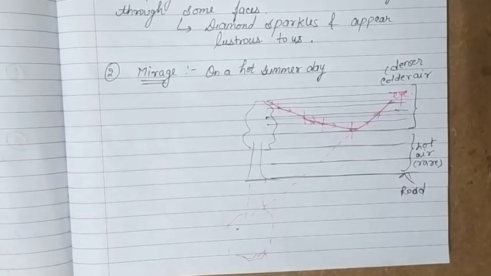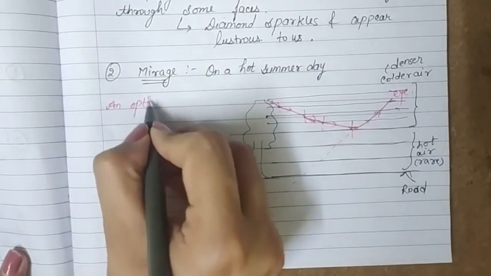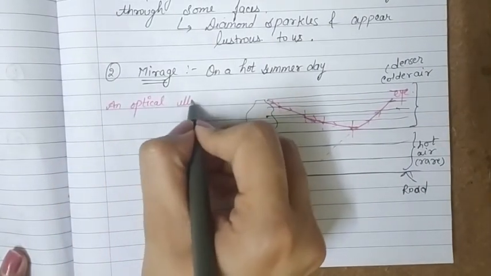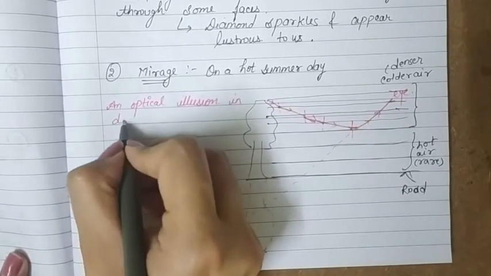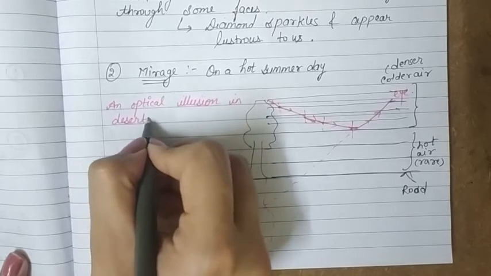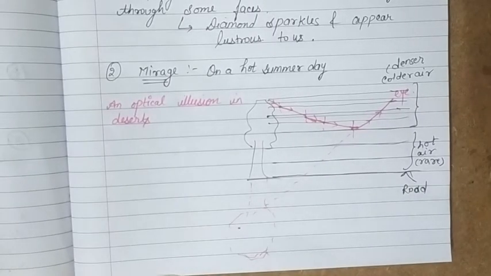We can define it as an optical illusion in deserts. It usually happens in deserts, or normally in our regions whenever the temperature is quite high, like in summers when the temperature is around 50 degrees Celsius, then we can see it sometimes on open roads.